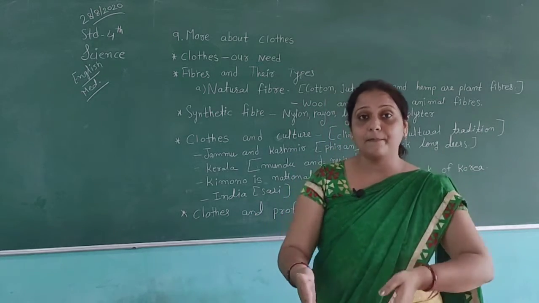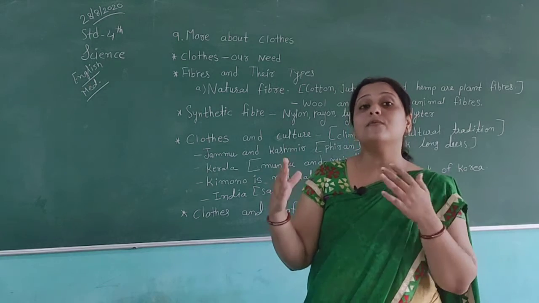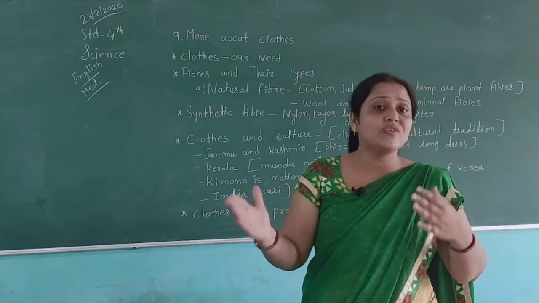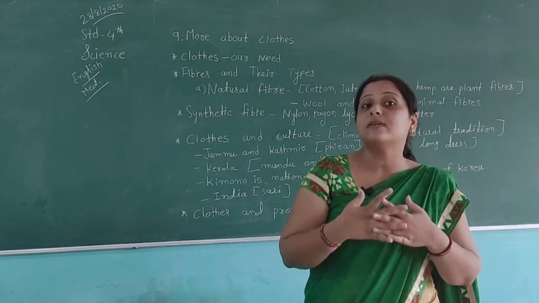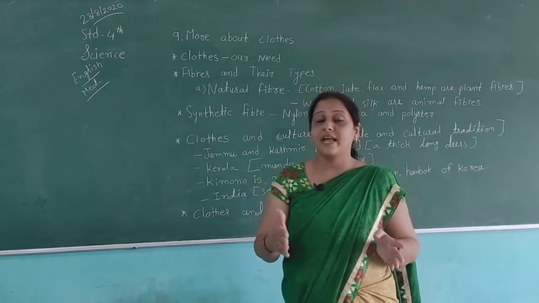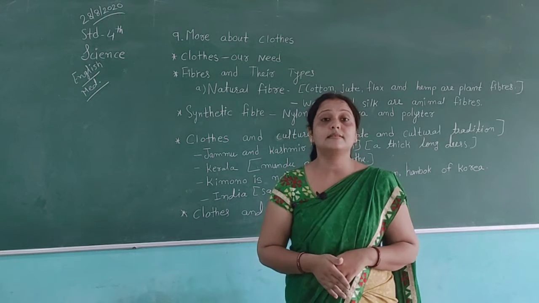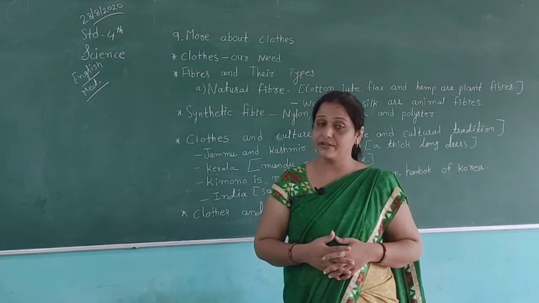Also, during the day we wear different types of clothes, but at night we wear a night dress because we are comfortable in a night dress for sleep. So according to our habit, we also have different types of clothes using different materials which are very useful to us.